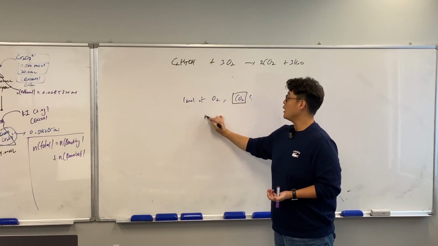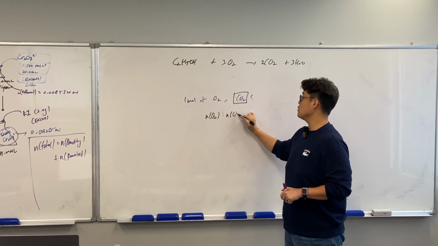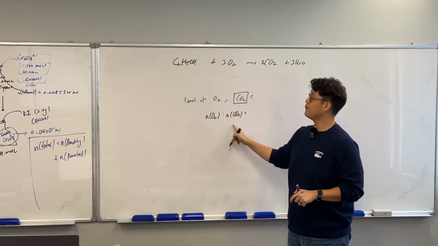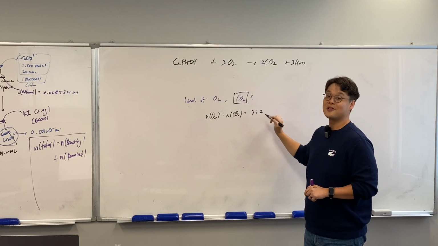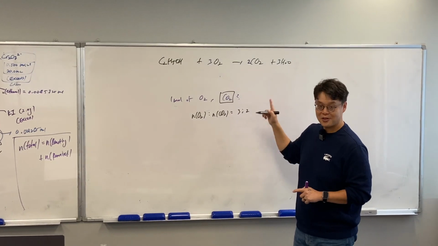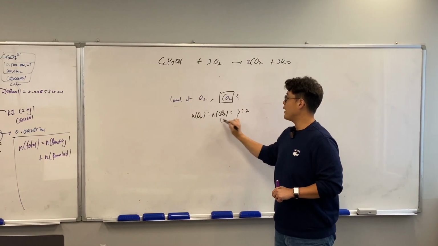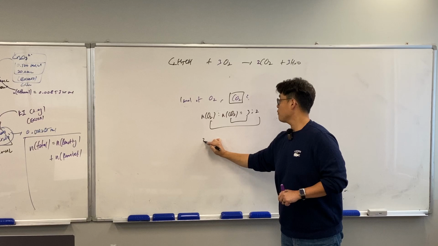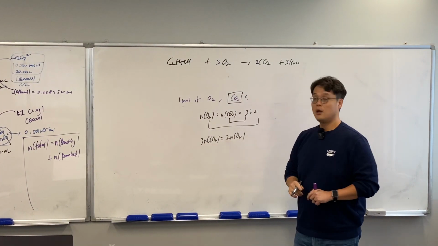What do we do? n of O2 to n of CO2, tell me the ratio. 3 to 2. Yes, O2 to CO2. Solve that. So 3 times n of CO2 is the same as 2 times n of O2.